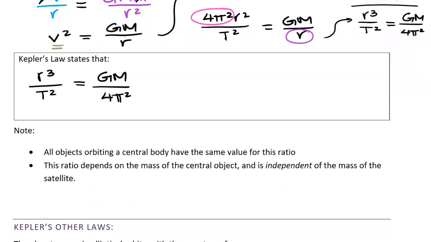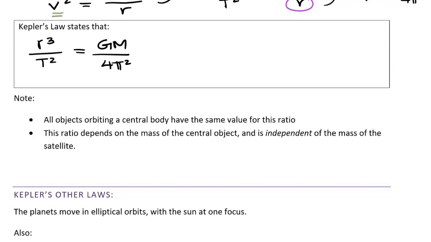Now, things of note. All objects orbiting a central body will have the same value for this ratio. We said if we're talking about a particular value of M, this is the object being orbited, this means that every single object, if we're looking at the Earth, whether it's the moon or satellites going around the Earth, it's going to be the same value.